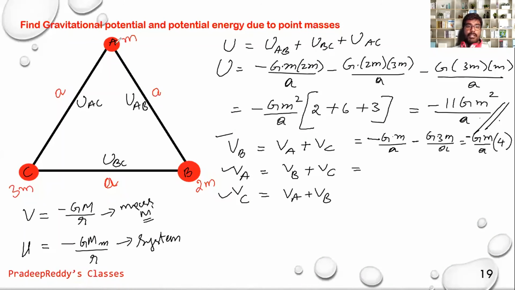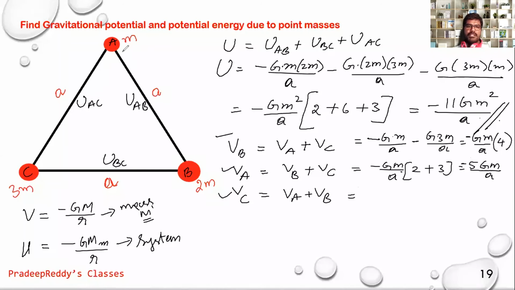Likewise, gravitational potential on A will be equal to potential due to B and potential due to C. It is minus GM divided by A, and at B mass is 2M, so it is 2 plus, at C mass is 3M, it is 3. This is 5 times minus GM divided by A.